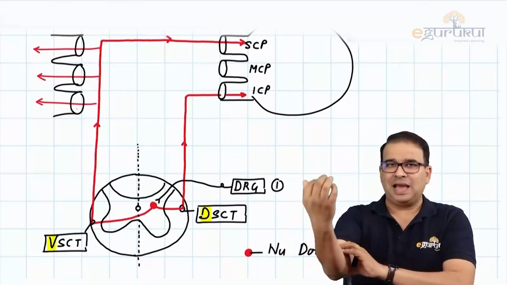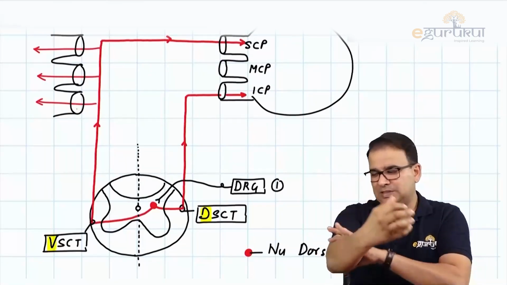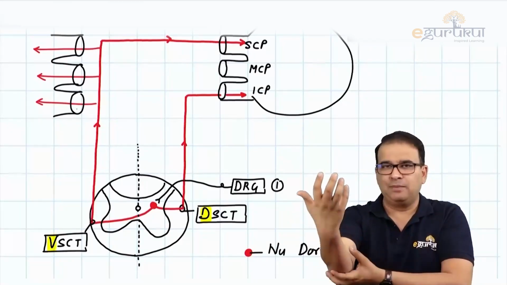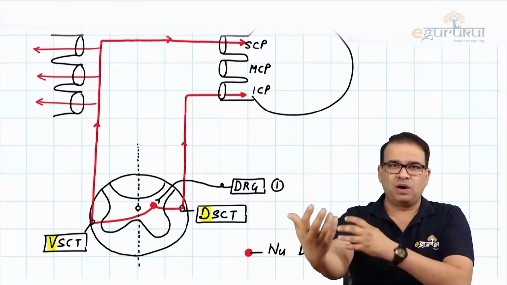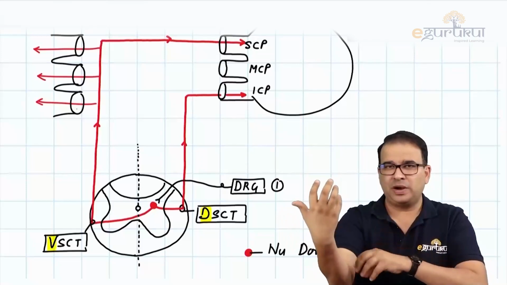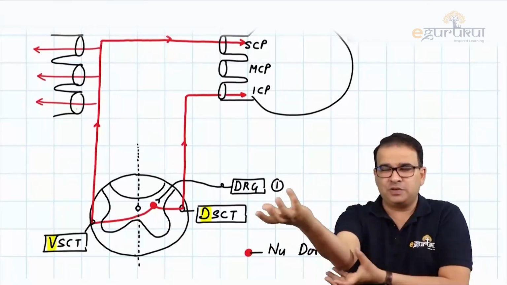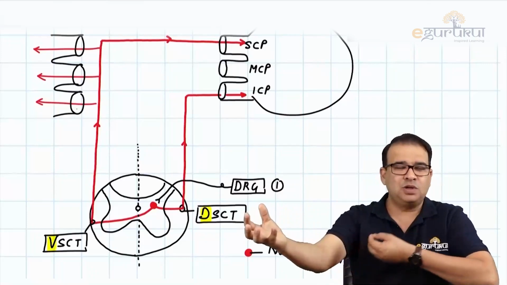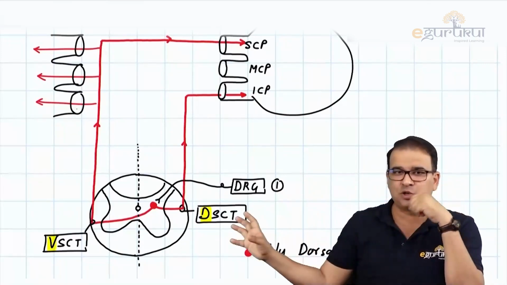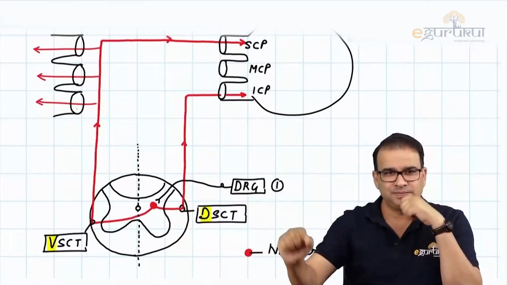If I'm doing elbow flexion, this compound movement taking place at the elbow, muscles are working and the sensory fibers are coming from the joint. So that type of vague information from the joint comes through the ventral spinocerebellar tract. So the precise one is dorsal and the vague one is ventral.